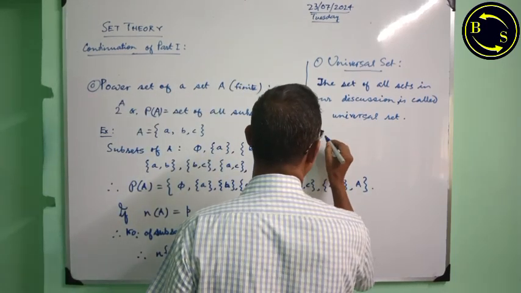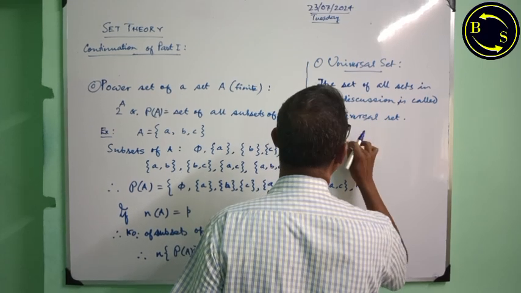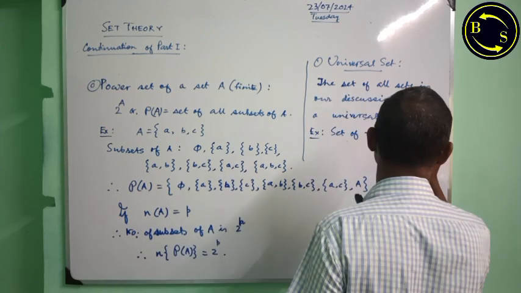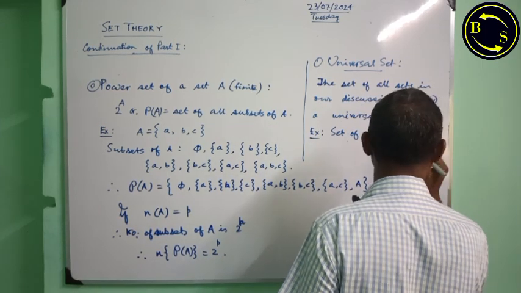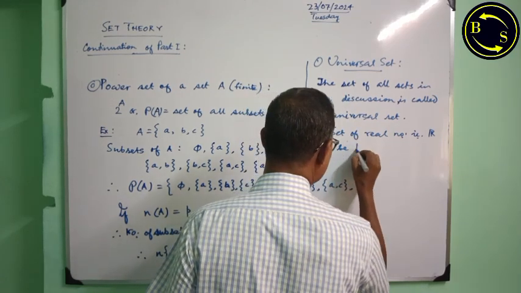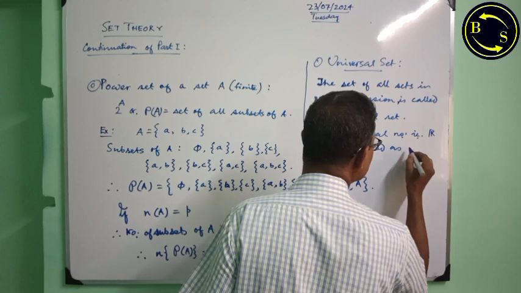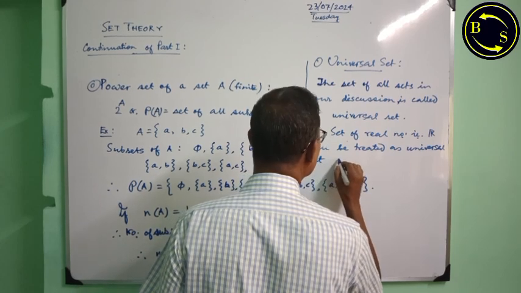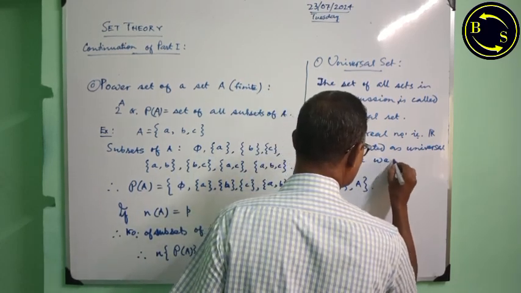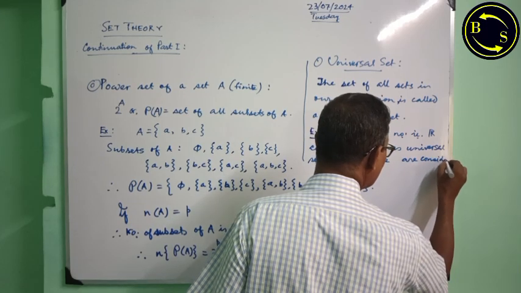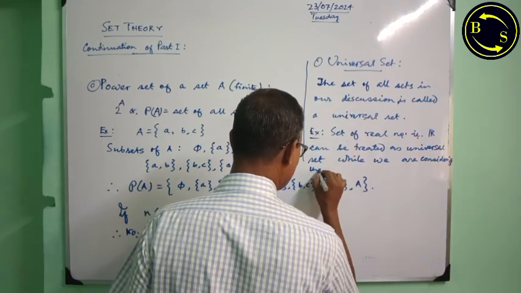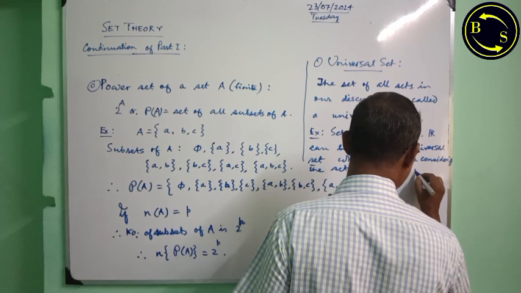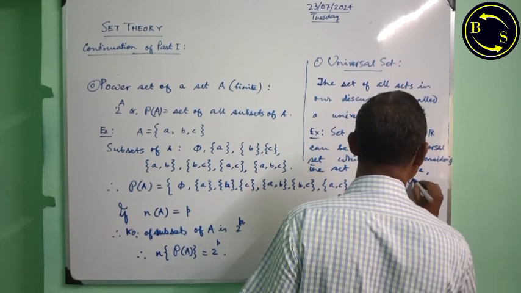Example, set of real numbers can be treated as universal set while we are considering the set of positive, negative, rational numbers.